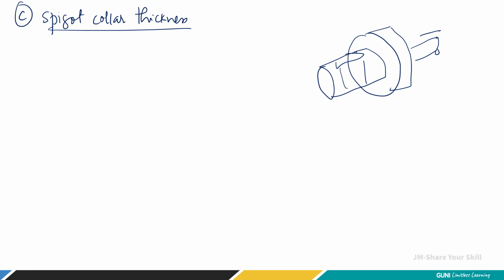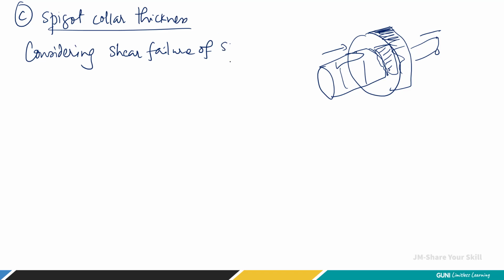Because of the tensile load and the pushing action of the socket end, there are chances that this circular disc may shear from this spigot area. So this is the area under failure. So considering shear failure of the spigot collar, identification of area is very important.